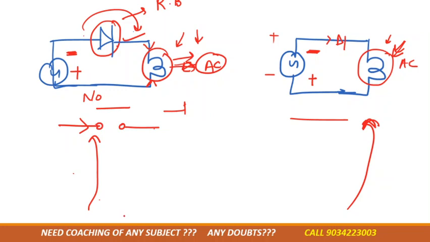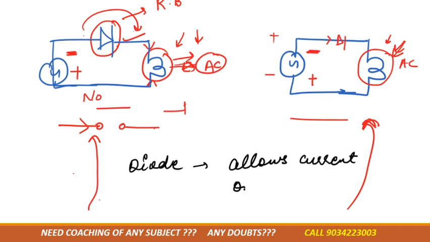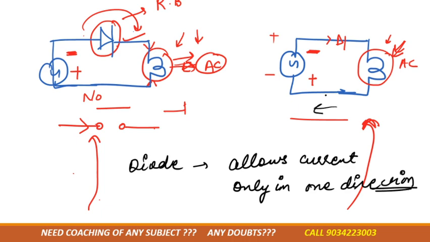Why are we using a diode? Because of its function. What is the main function of the diode? The diode allows current only in one direction. It does not allow current in the opposite direction, so here we are using it as protection.